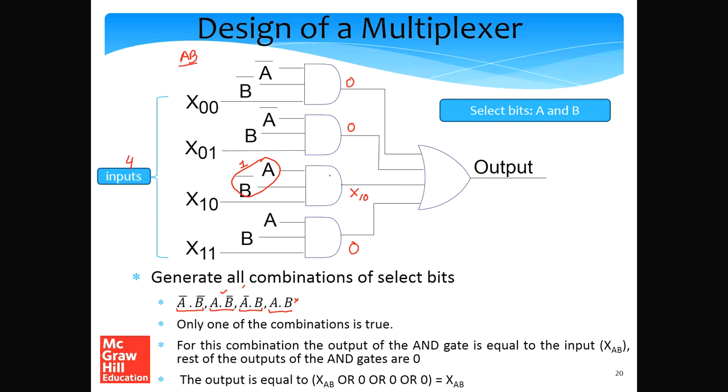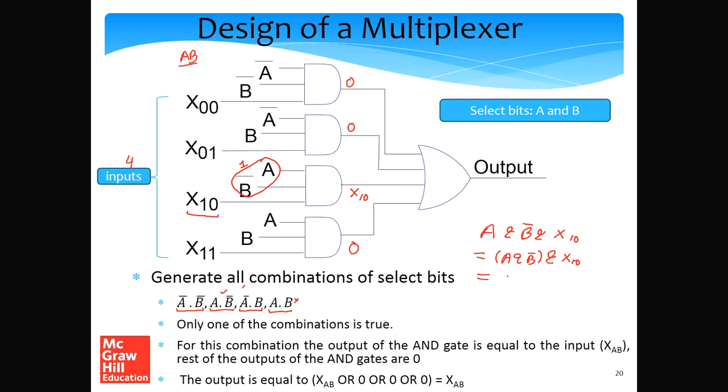So let me explain this once again. Since A and B bar is equal to 1, pretty much their value does not matter. The output of the AND gate will be equal to whatever is the value of x10, right? Because what is the output? It's A and B bar and x10, which is equal to A and B bar and x10.